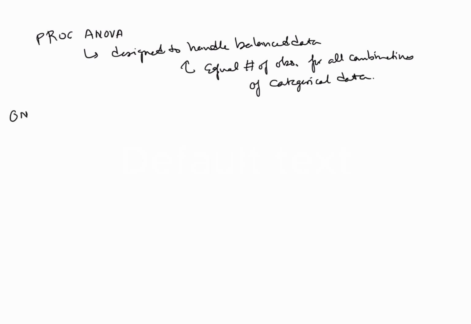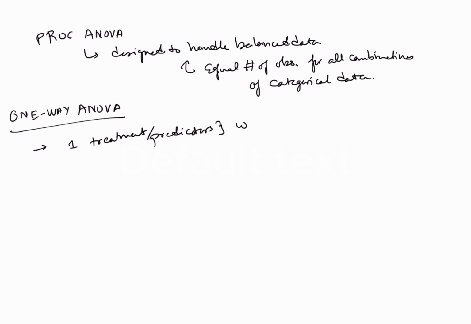The one-way ANOVA is basically one treatment with predictors with multiple levels. That's one-way ANOVA.